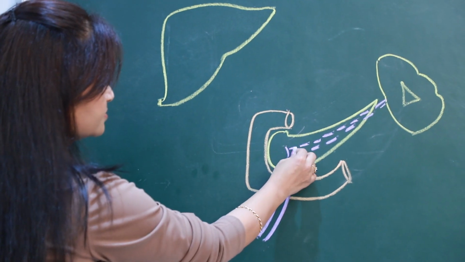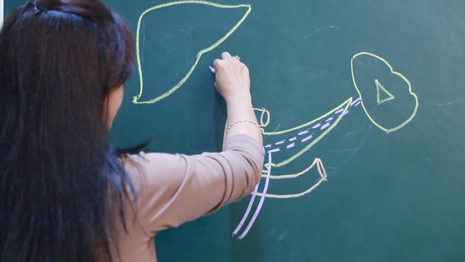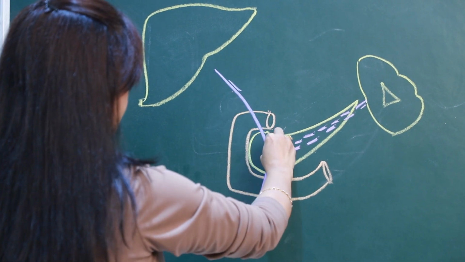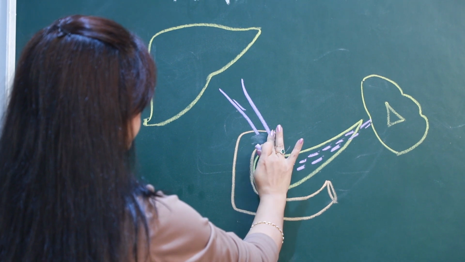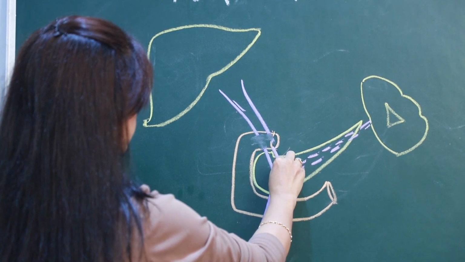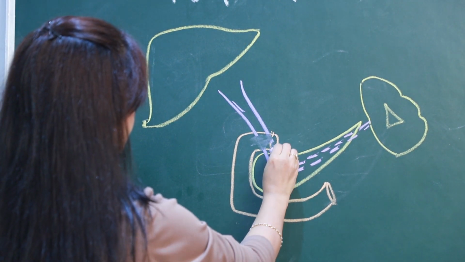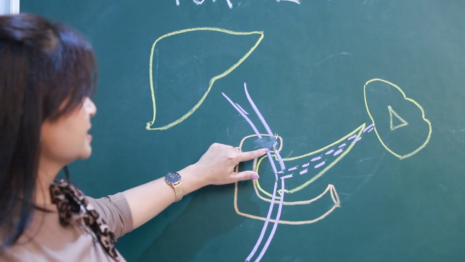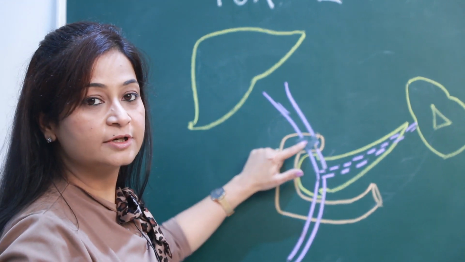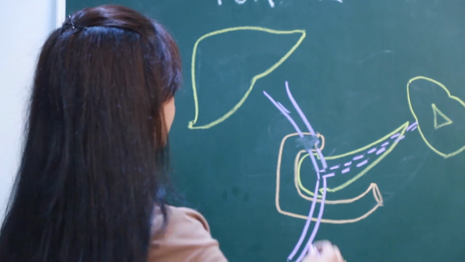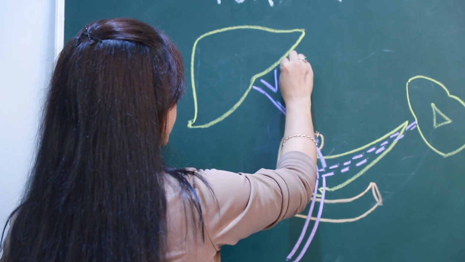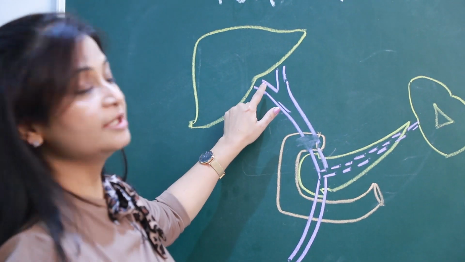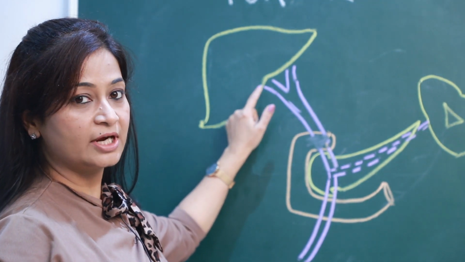So once it forms here, the portal vein runs upwards and slightly to the right. But as it ascends, it passes behind the first part of the duodenum and then it goes upwards till it reaches the porta hepatis, where it divides into its two terminal branches.